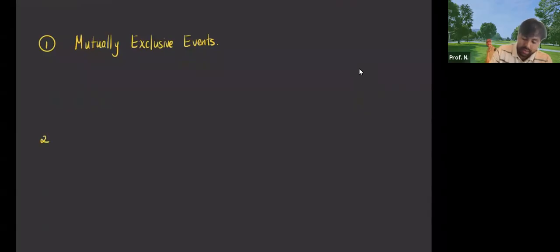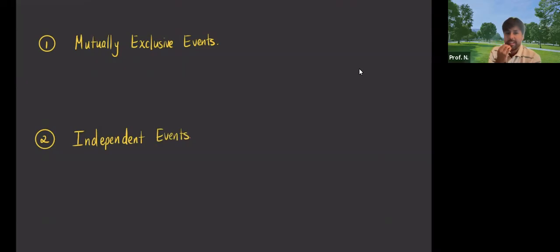We also discussed what are called independent events, right? So now we have a little bit more terminology. How do we classify certain events? Some are mutually exclusive, some are independent. So the key phrases here.